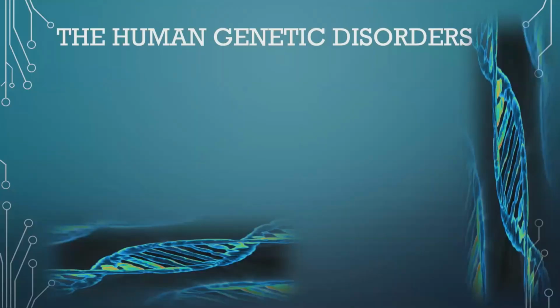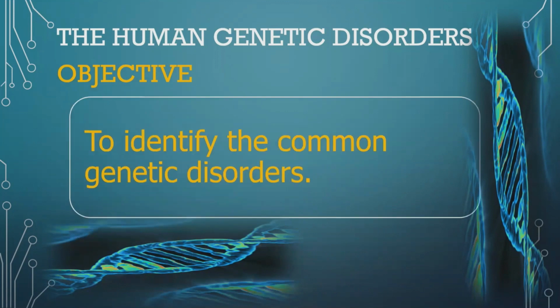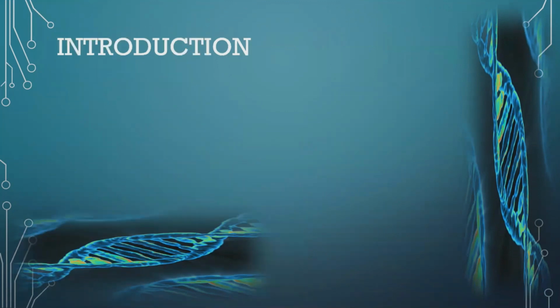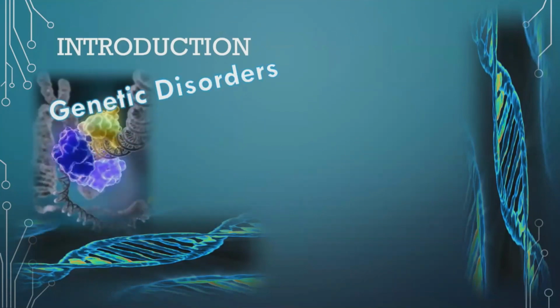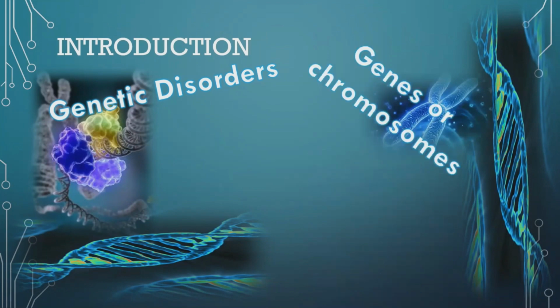The human genetic disorders objective is to identify the common genetic disorders. Many human diseases involve a genetic component. Genetic disorders may or may not be heritable. Some genetic disorders are inherited through genes or chromosomes.